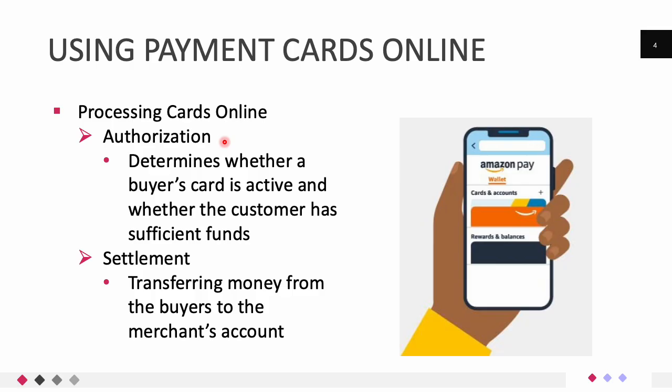It's like the store asking, "Hey bank, can this person pay 1,000 NT dollars?" And then the bank will reply yes or no in seconds. And then settlement. After the approval, the actual money moves from your account to the seller's. But this can take a day or two actually.